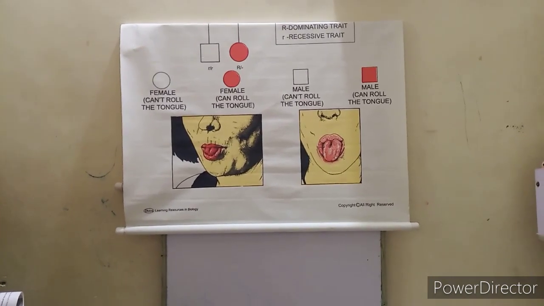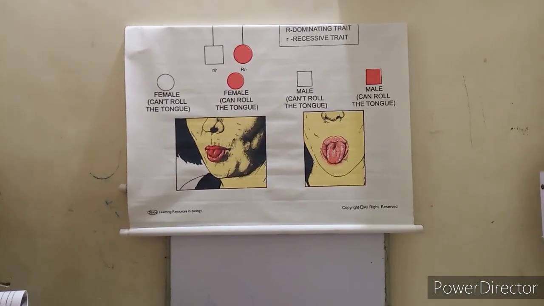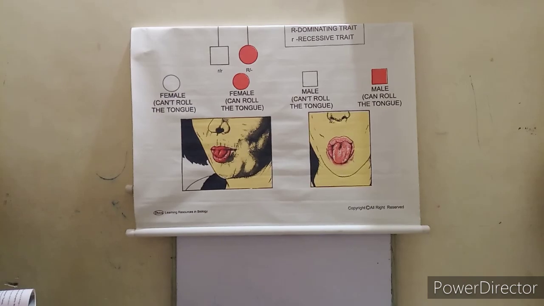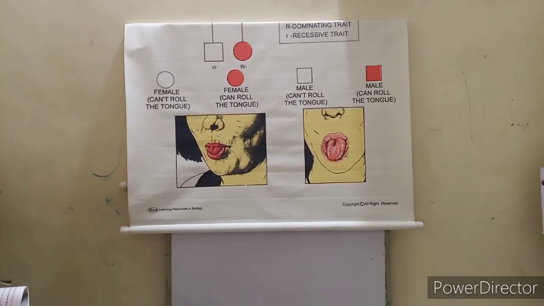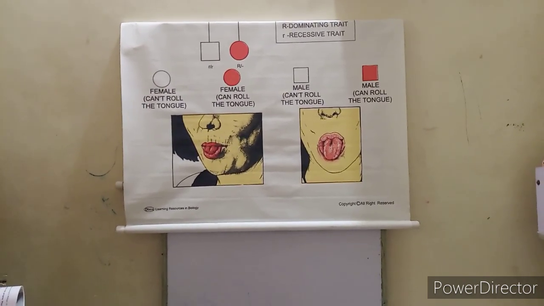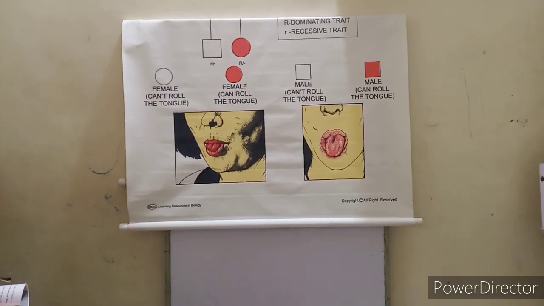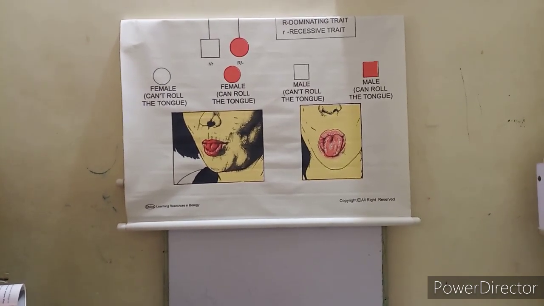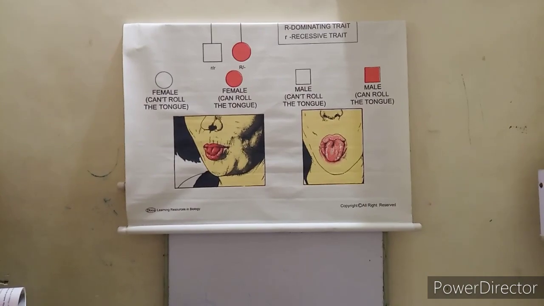So the condition for rolling of tongue is either the homozygous dominant or the heterozygous dominant trait. But for the non-rollers, it should always be in the recessive form.